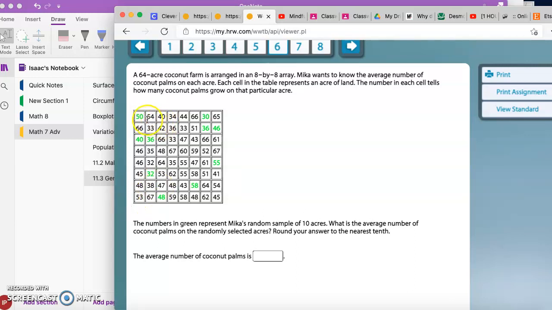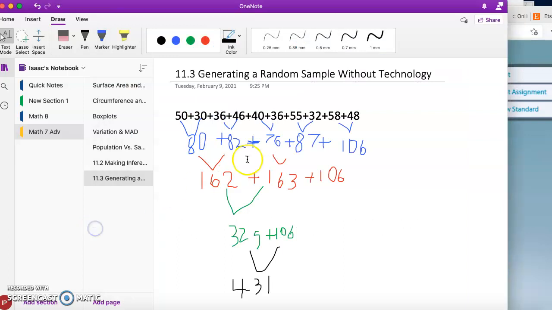So if I first figure out what all of the number of palm trees from all 10 random samples is put together, I'll get 50 plus 30 plus 36 plus 46 plus 40 plus 36 plus 55 plus 32 plus 58 plus 48. I personally decided to add them up 2 at a time to get 80 plus 82 plus 76 plus 87 plus 106, which I then turned into 162 plus 163 plus 106, which then became 325 plus 106, which together is 431.